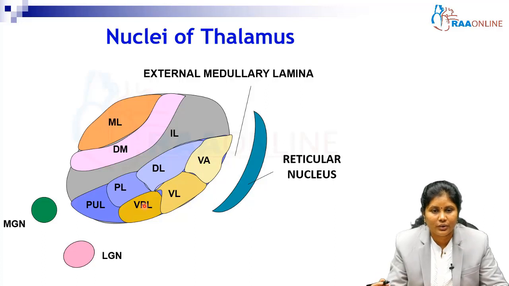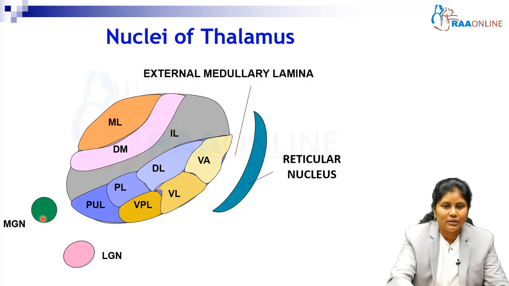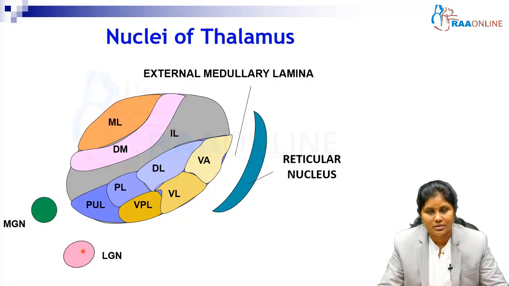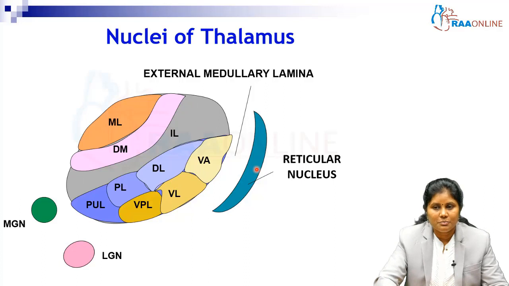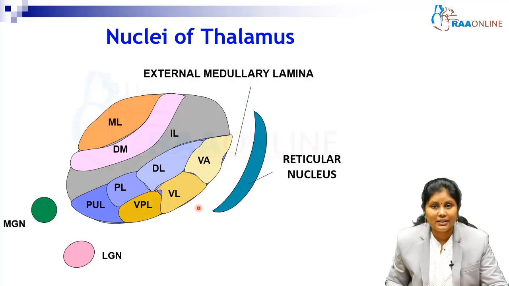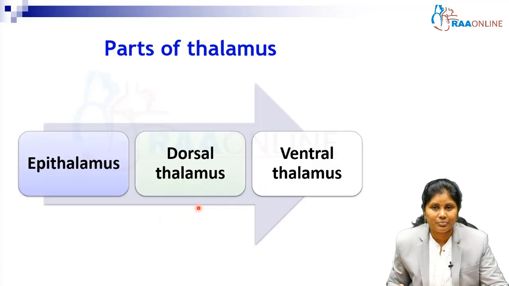Apart from that, you have the medial geniculate body and lateral geniculate body. These are the specific nuclei. This thalamic nuclei group is separated from the non-specific reticular nucleus by means of this external medullary lamina. So these are the different nuclei of the thalamus represented anatomically.